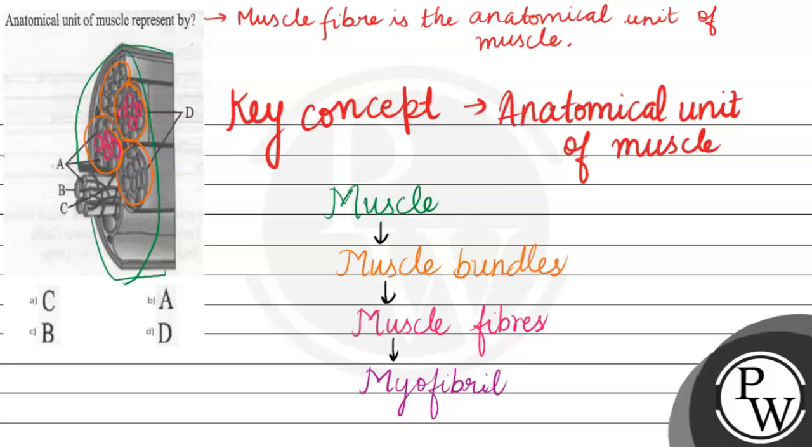D is the muscle bundle. This is muscle bundle. For D we are having muscle bundle, or it is also known as fascicle.